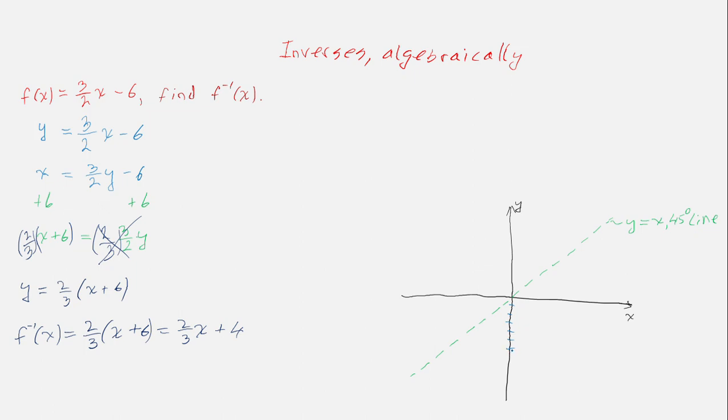The graph is going to go to this point, and then the slope is 3 over 2. So 1, 2, 3 up, 1, 2 to the right, and then we can repeat that again if we want to. So our function is going to look something like this, and it's going to hit the green line somewhere over here.